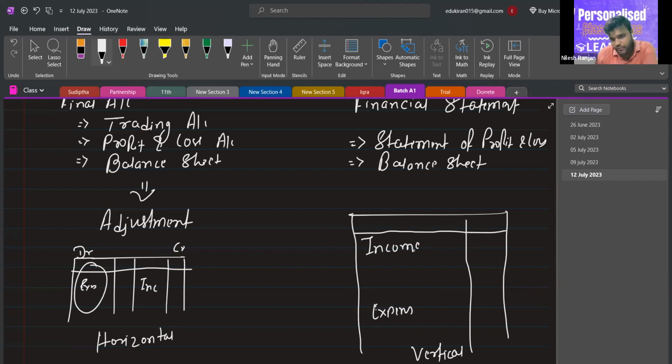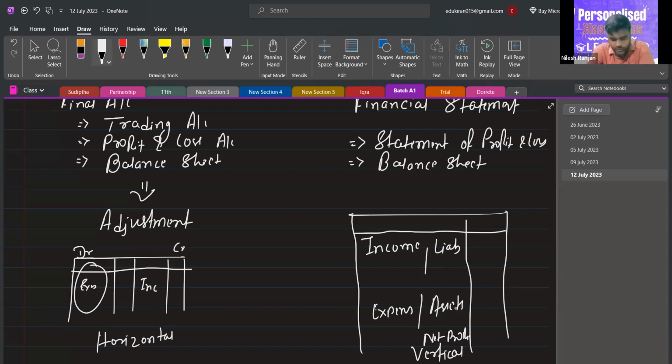After that, we will deduct our expenses from income and then we will calculate net profit here. So this is our format of statement of profit and loss. If we are preparing balance sheet, then liability side will be here and asset side will be here.